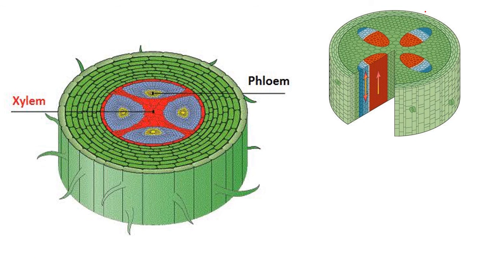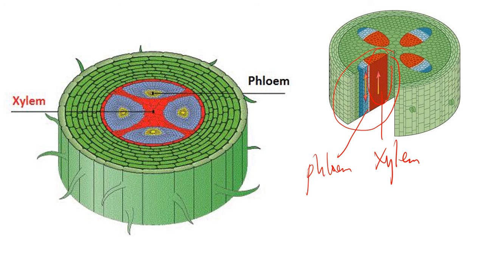If we're going to take a slice of the stem, we will be able to see that this part here is what we call the xylem, and this part over here is what we call the phloem.